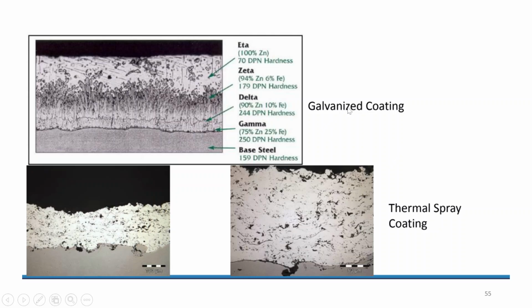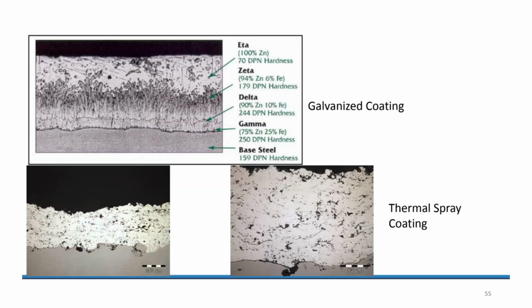Then we have the galvanized coating. So here these are various structures that are formed. You have base steel having 159 hardness, then you have gamma having 75% zinc and 25% iron, having higher hardness compared to base steel.